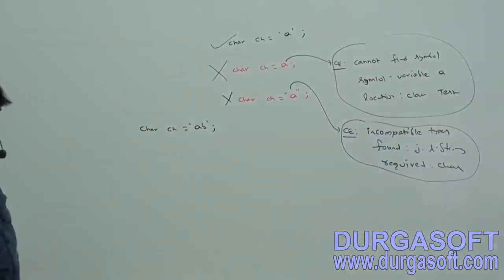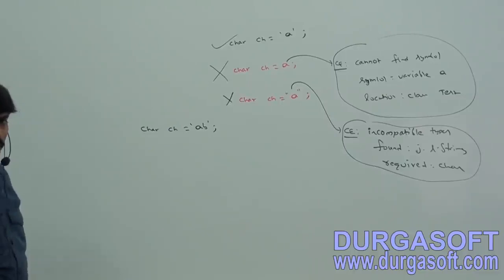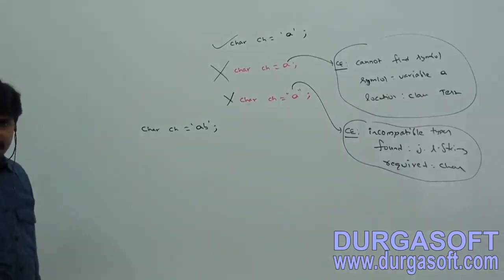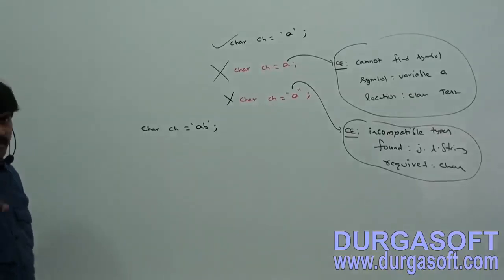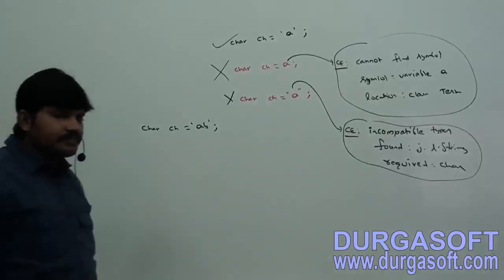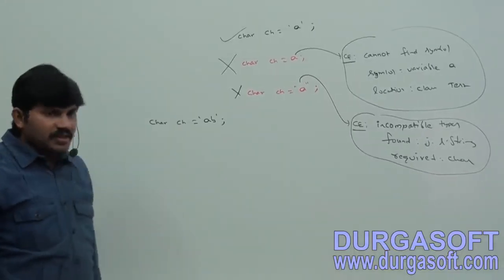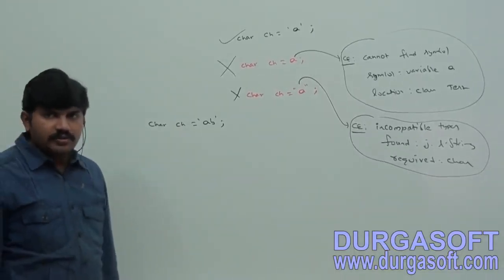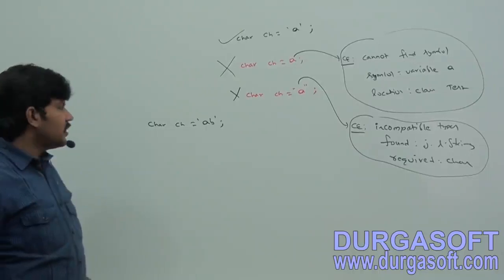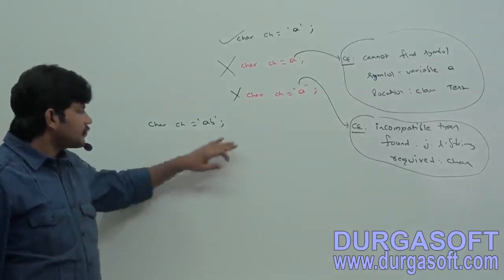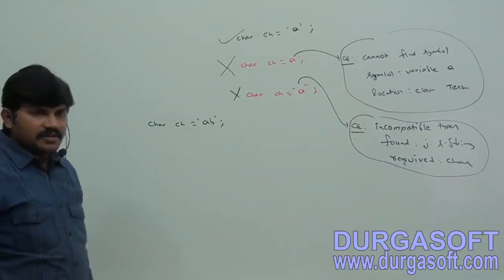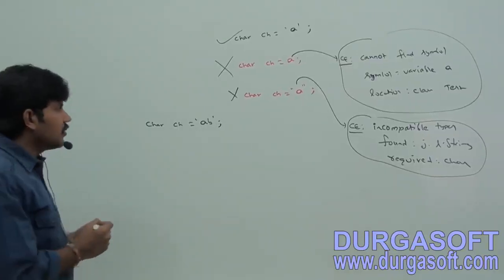Char ch is equal to ab, within single quotes. Think the way the compiler will think. In the same style you should think. Is it valid or invalid? Make sure we will get a compile time error.